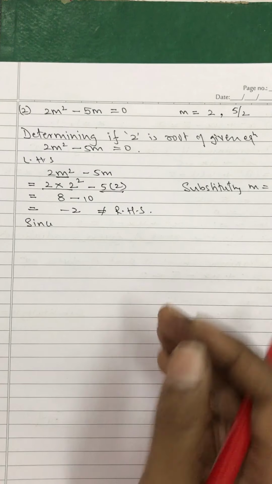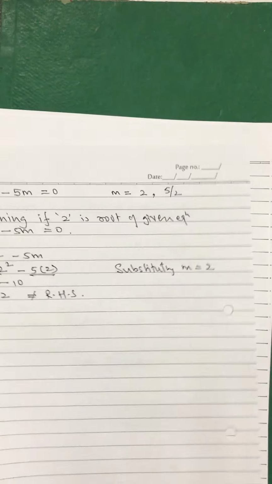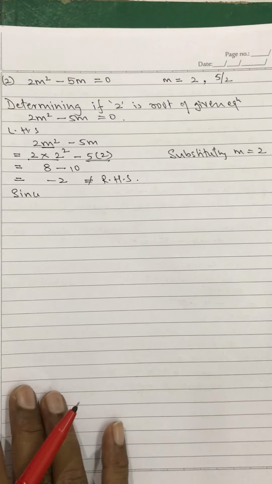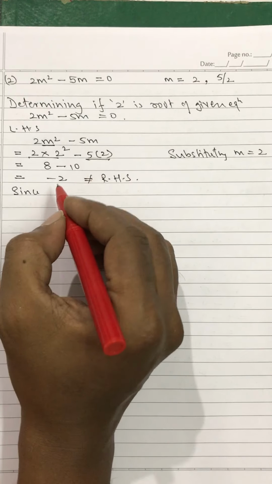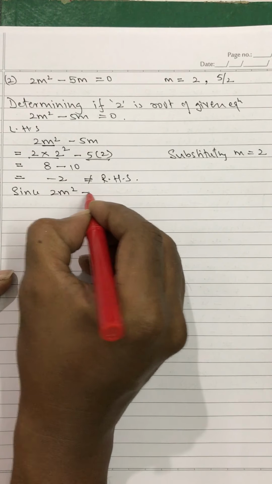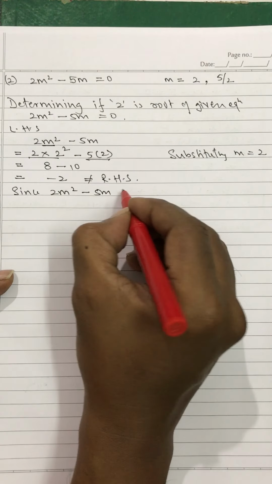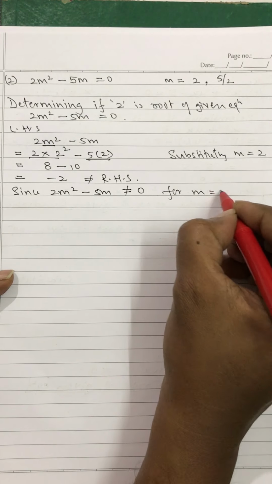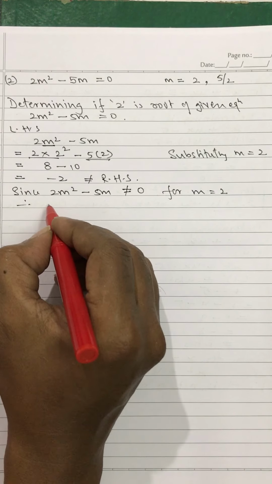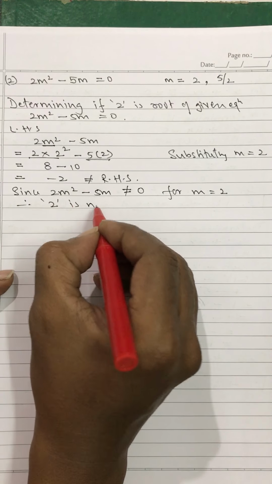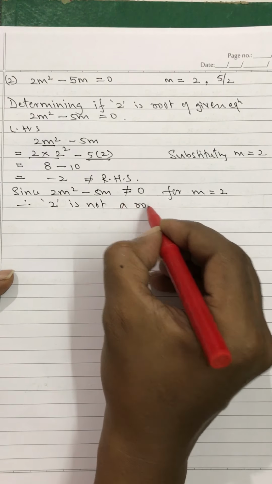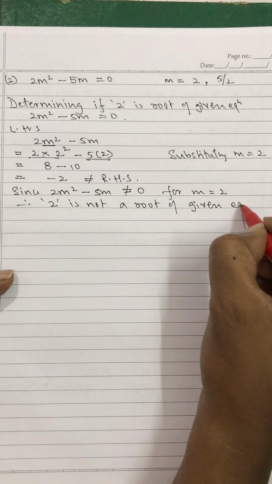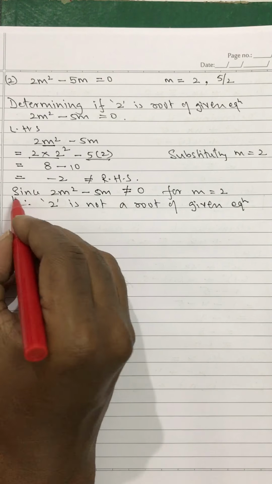LHS or RHS? Yes, RHS, okay. Which is not equal to RHS. Since 2m square minus 5m is not equal to 0 for m is equal to 2. Therefore, 2 is not a root of the given equation.